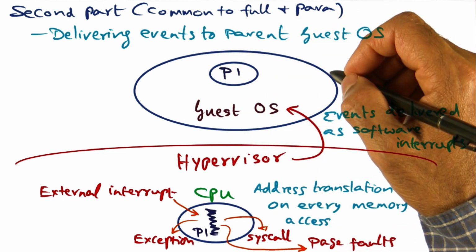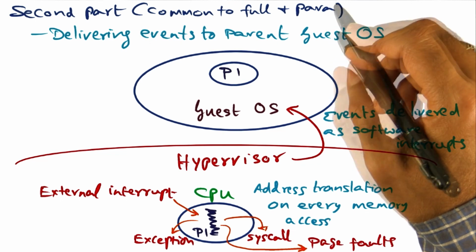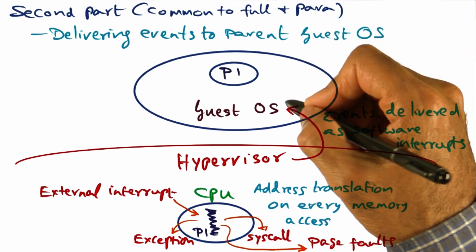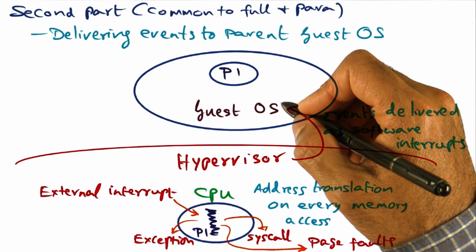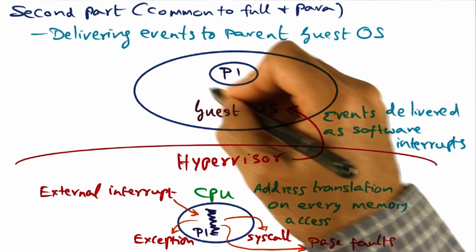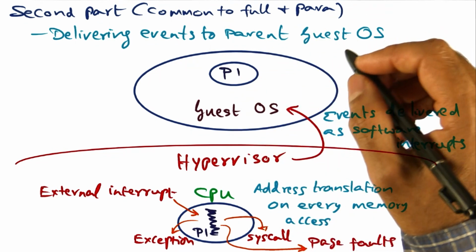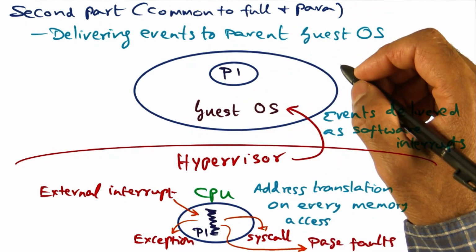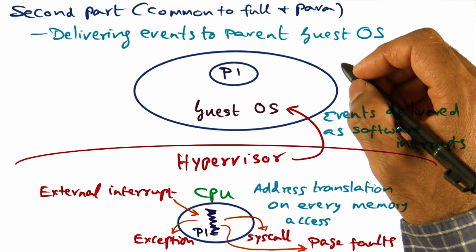But here is where the quirks of the architecture come into play, because unfortunately, some privileged instructions fail silently in some architectures when they are executed at the user level. And this is a problem for the fully virtualized environment where the binary is unchanged.